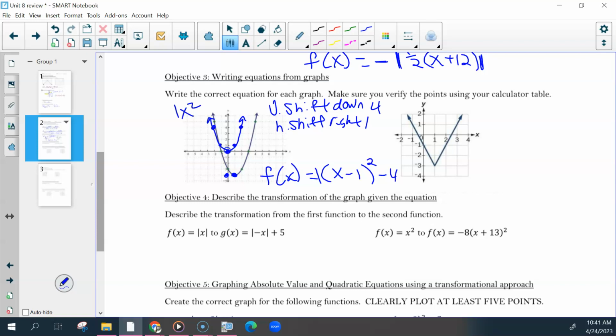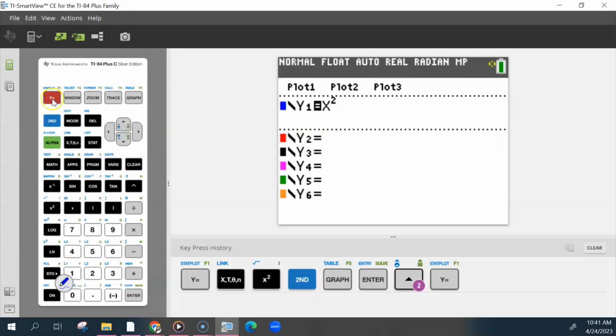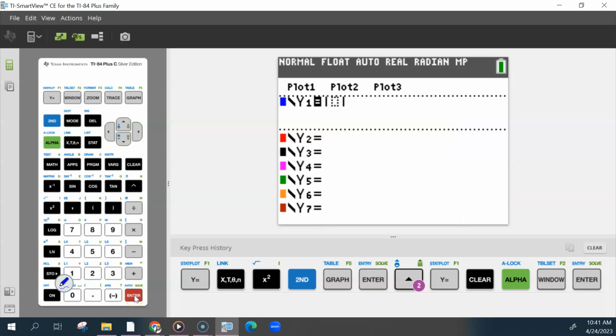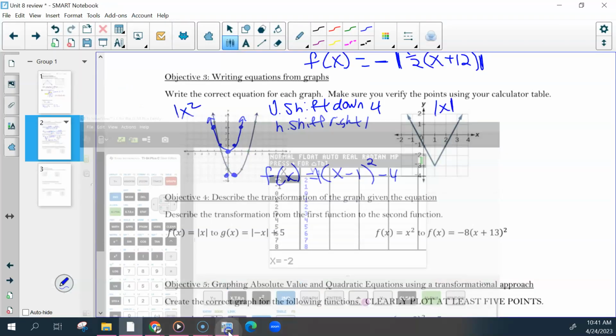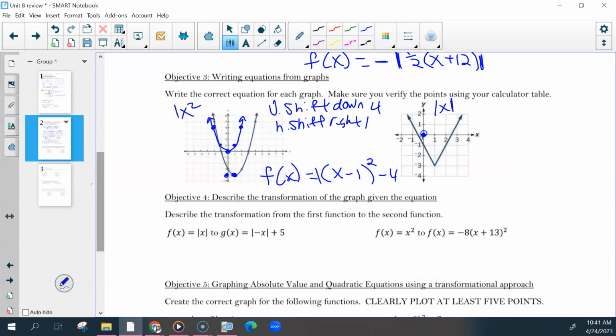Okay. So then this next one is your absolute value function. Again, if you don't know what your absolute value function looks like, your original, you can put that in your calculator. Alpha window will give you that. They start at the same place, 0, 0. They start going to the same points, 1, 1, negative 1, 1. But then it just keeps going up 1, right 1, and up 1, up 1. What changed between these two, the original parent and the one that's given? It did go down by how many?